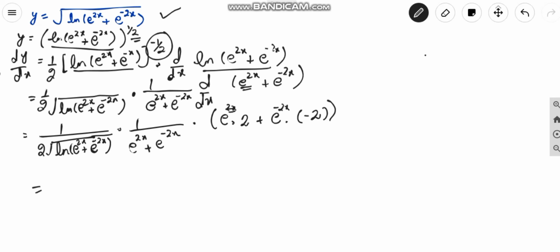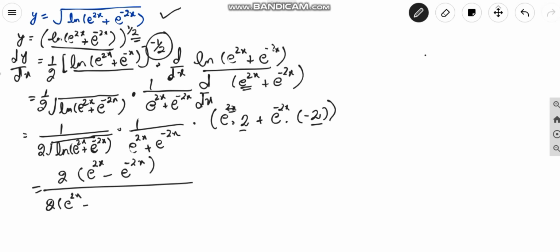So our answer is, we can take 2 common from these two terms. It will become 2(e^2x − e^−2x) over 2 times (e^2x + e^−2x) times square root of natural log of e^2x + e^−2x. 2 becomes cancelled with 2.